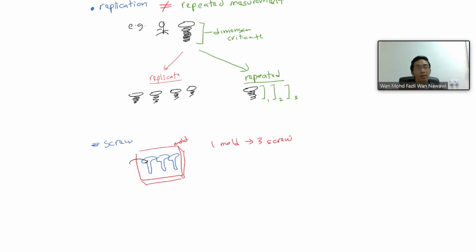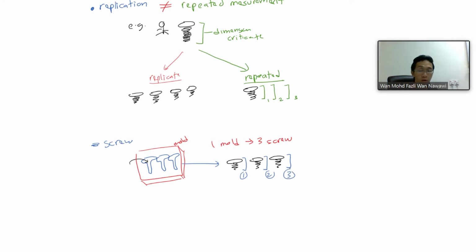You can do this molding again and again. What people normally do is make a batch, so now they have 3 screws, 1, 2 and 3. But these 3 screws come from the same batch, and they take measurement 1, measurement 2, measurement 3.